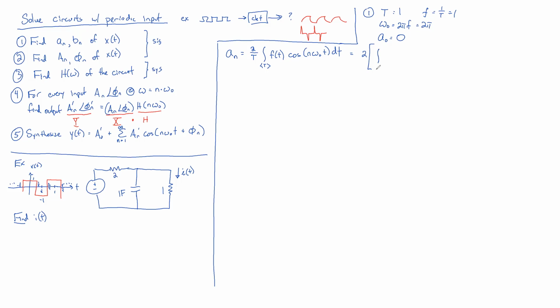My first integral would be from, I think, -1/4? Yeah. To 1/4. That's right. Cosine of n times our omega naught times t dt. Yeah, so f of t in that region is just 1, so this becomes a 1, and we just get our cosine of n omega naught t.